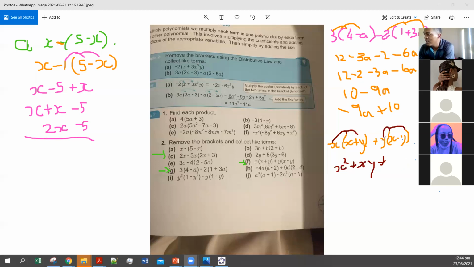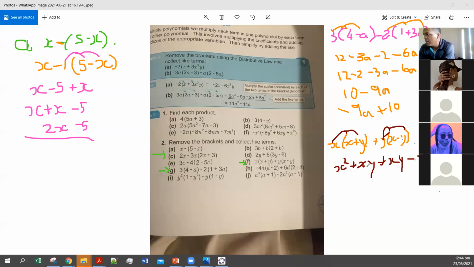So this will just be y times x is just xy. I'm doing alphabetical order first, right? So y times x is just xy, and y times minus y will be minus y squared. Whether I did the y squared first or the xy second, it will still be the same answer. Doesn't matter, because the y is multiplying everything inside the bracket.